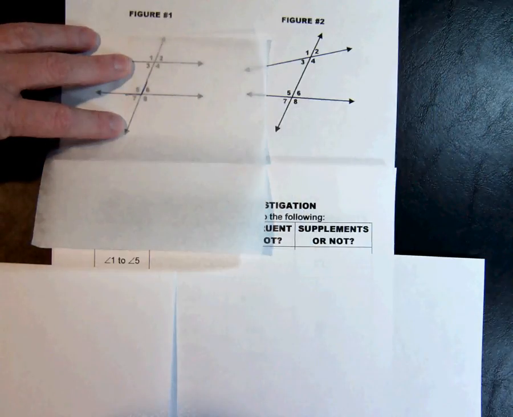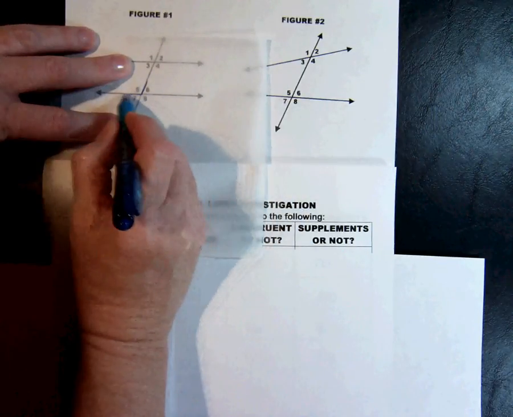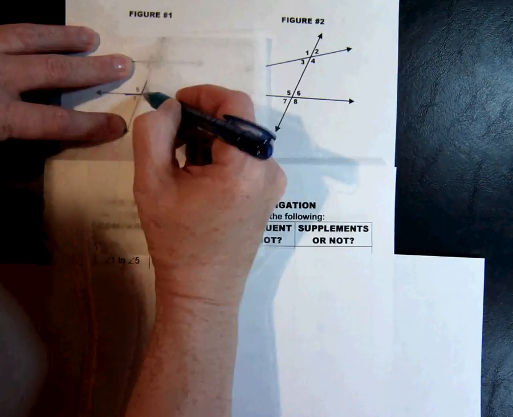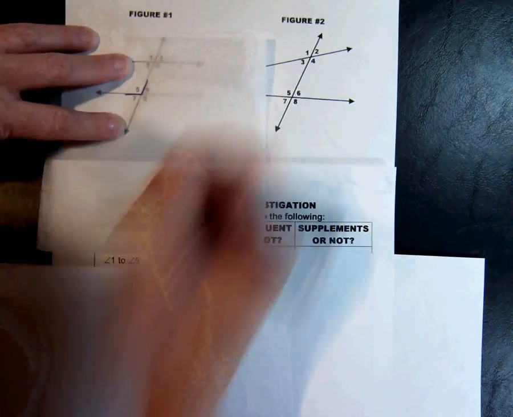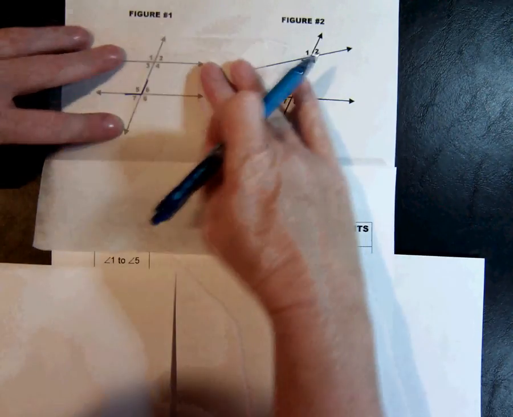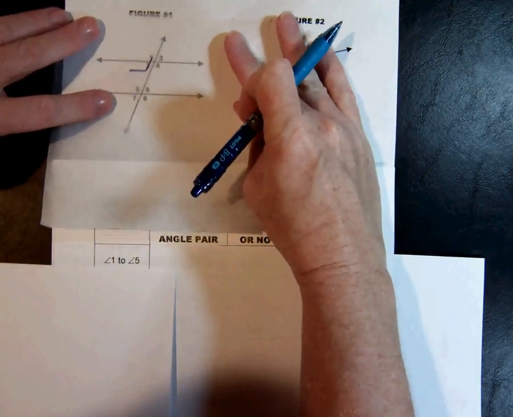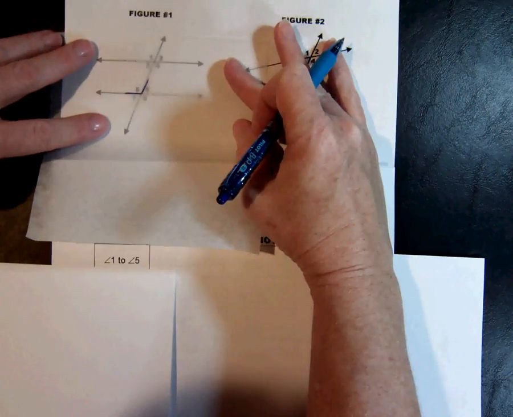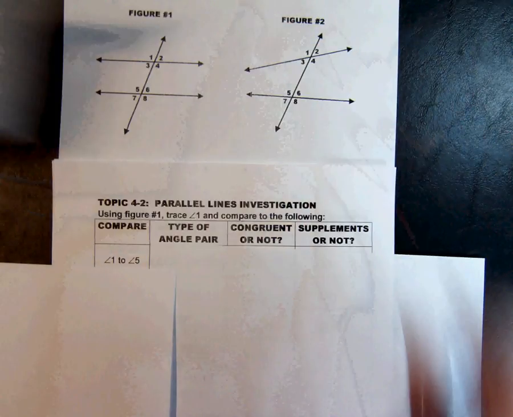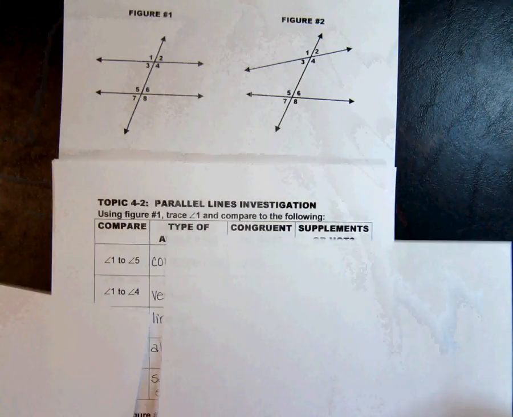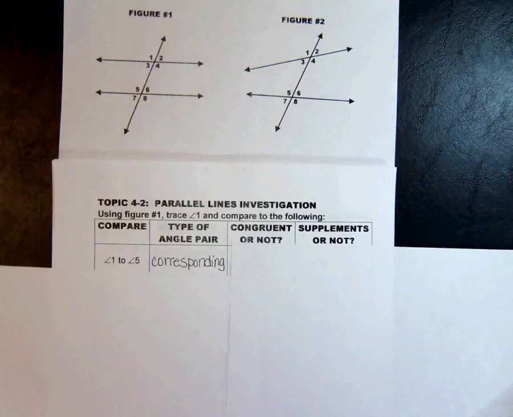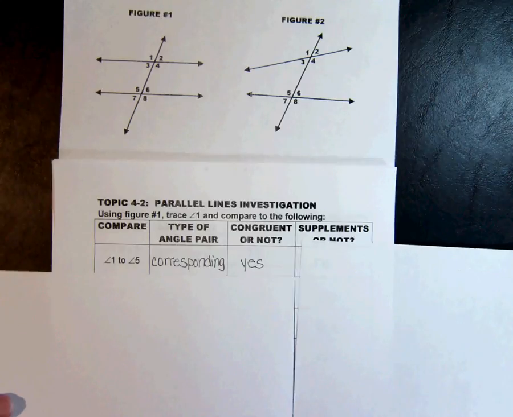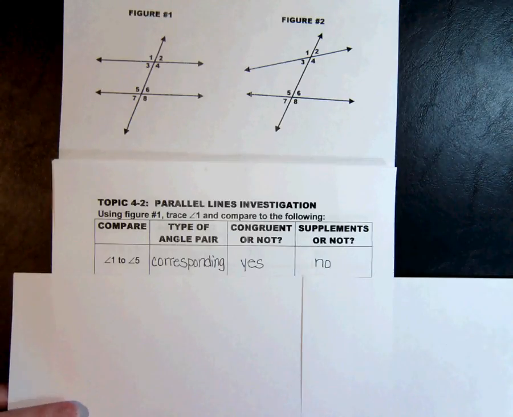Well, as you can see on that patty paper, I'll draw it thicker, it's actually congruent to angle 1. Slide it up. Angle 1 and angle 5 are actually a congruent pair. So they're corresponding angles. Yes, they are congruent, but no, they're not supplements.